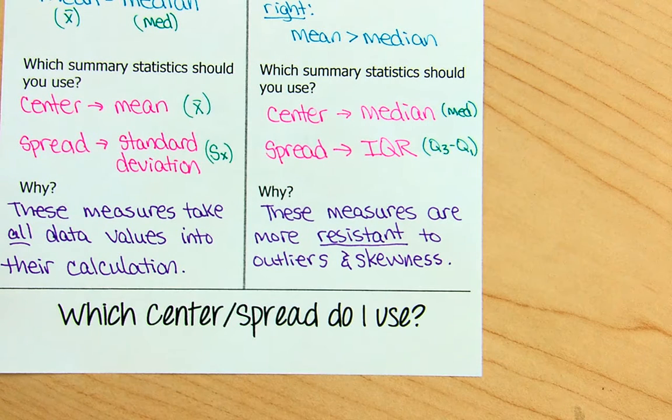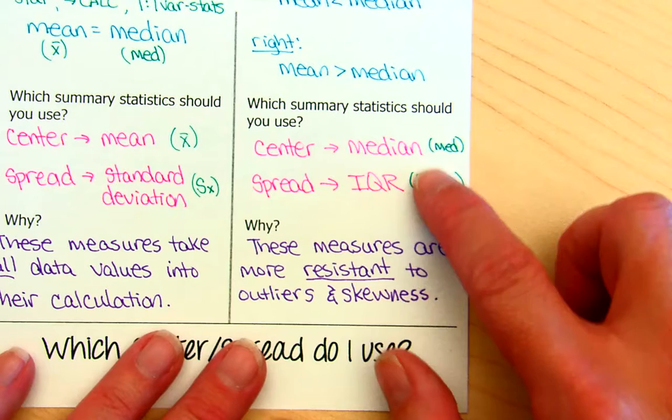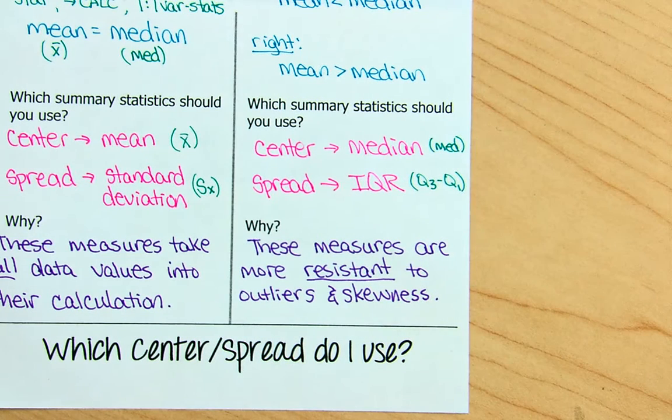Because these say, if I have a point and I move it even farther to be an even more extreme outlier, that has no effect on either of these, because these are by where are they in the data set, not what is the value of the numbers in the data set.